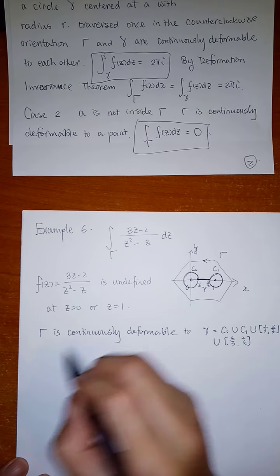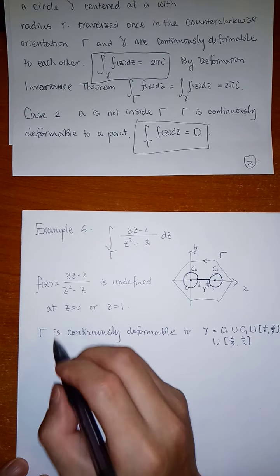Okay, so first of all, the function is analytic over this domain between little gamma and capital gamma. It's not analytic at those 2 points, but you already used 2 disks to cover these 2 points. So outside of these, f is analytic.